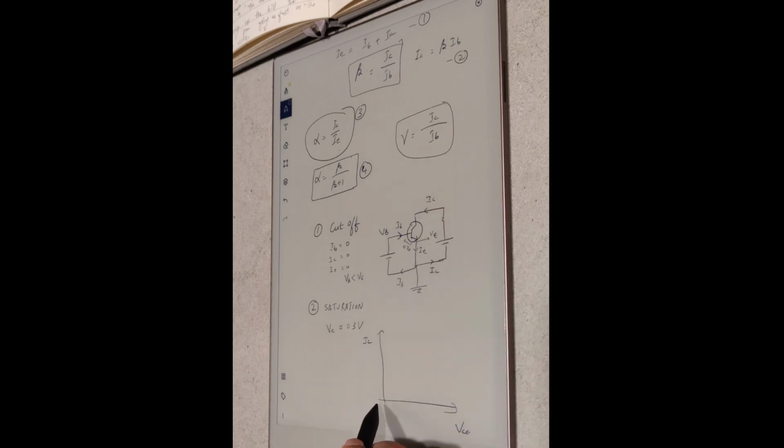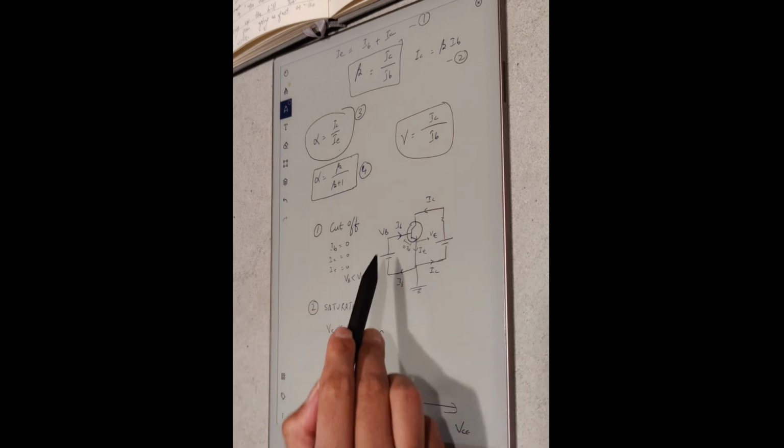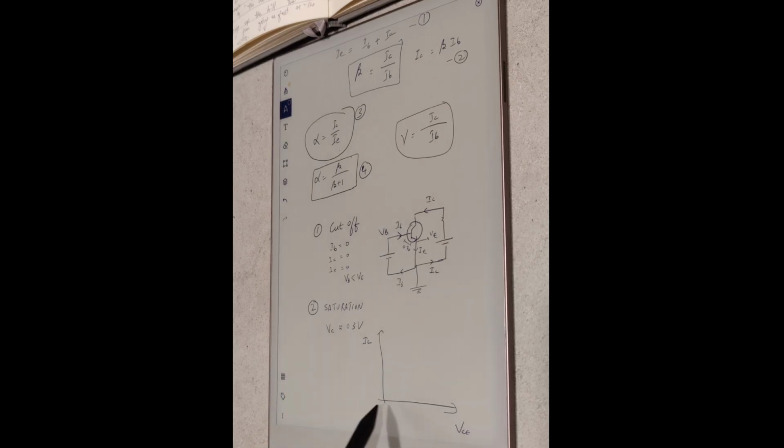If I fix my IB and measure the value of IC, it's going to go like this and then become flat. This is at some value of IB, let's say 20 microamps. At this value there's going to be some amount of IC.